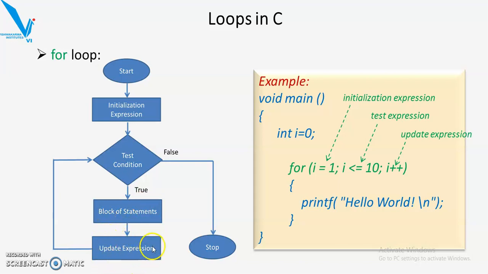Then we have the update expression, and once it is updated, again the condition will be tested. This body of the loop runs till the test condition is satisfied or true. Once it becomes false, it will come out of the loop and the next statements after the loop are going to run.